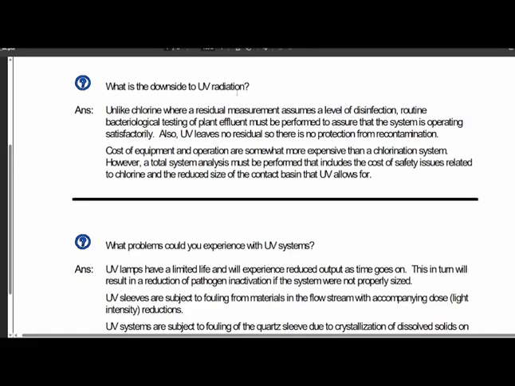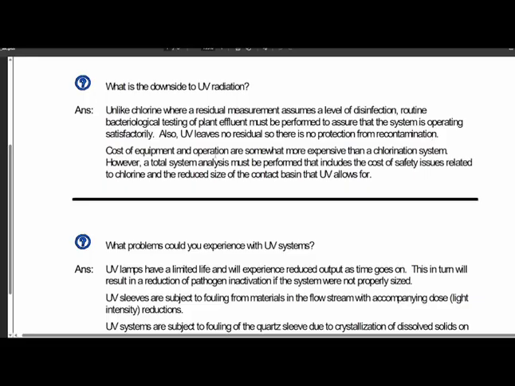What are the downsides to UV radiation? Unlike chlorine, where the residual measurement assumes a level of disinfection, routine bacteriological testing of plant effluent must be performed to assure that the system is operating satisfactorily. Also, UV leaves no residual, so there is no protection from recontamination.